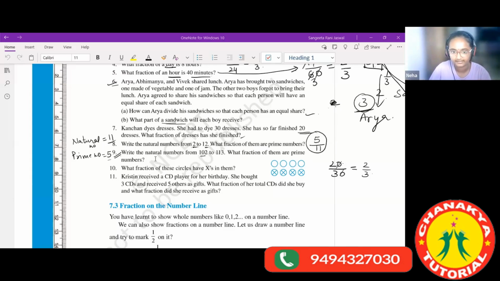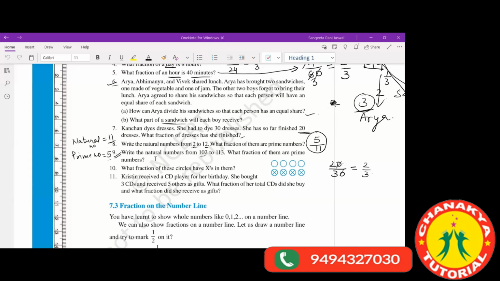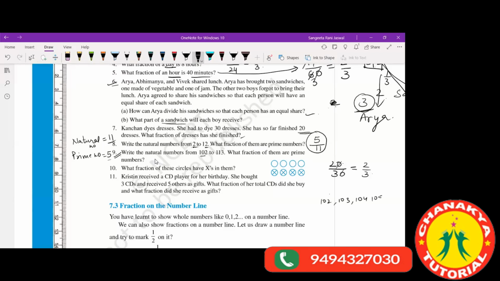So we'll just write down the numbers. If we had to count from 102 to 130, the numbers will be 102, 103, 104, 105, 106. You should be telling me this.